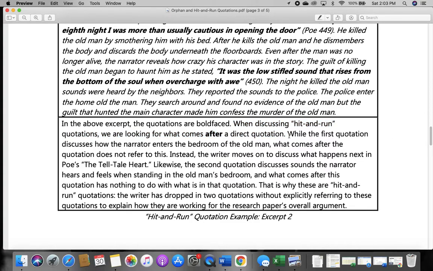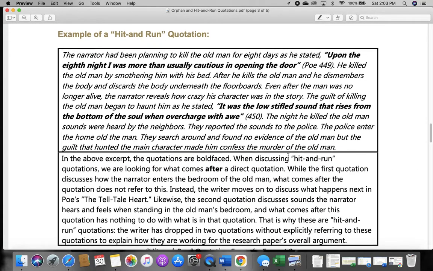And then I talk specifically about the first quotation, which discusses how the narrator enters the bedroom of the old man. What comes after the quotation does not refer to this. Right? So the quotation is, "Upon the 8th night, I was more than usually cautious in opening the door." And then what comes after that is, he killed the old man by smothering.